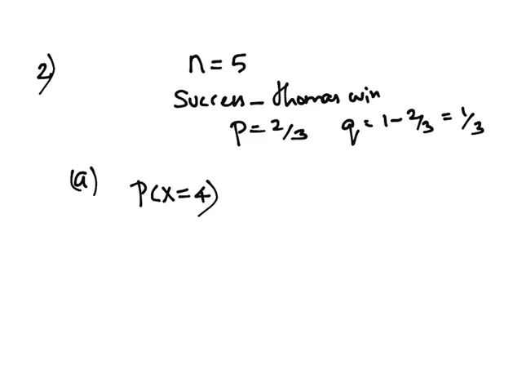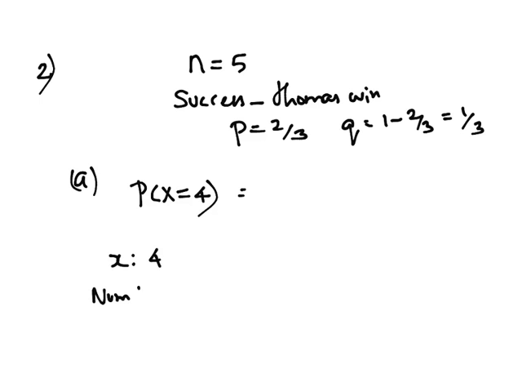Now how do you do it? Very simple. As I mentioned, you need to find a particular value. So go to statistics, go to distribution, go to binomial, and then press BPD. Okay, press BPD, and then you need to enter x as 4. Then you enter the number of trials.